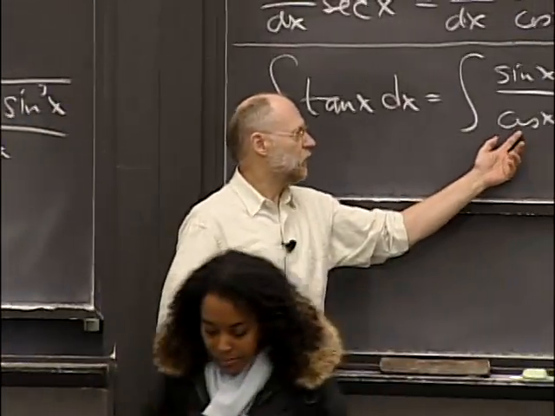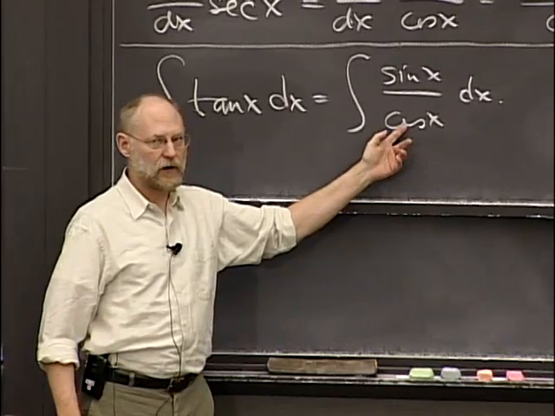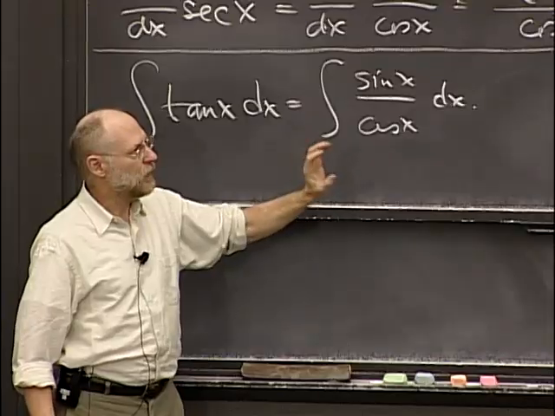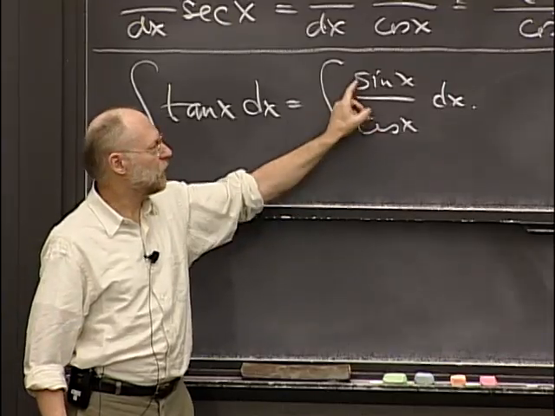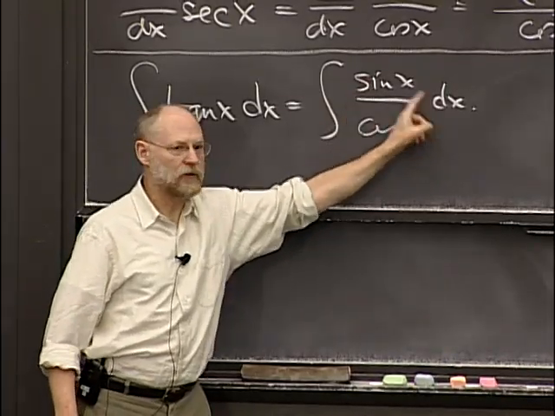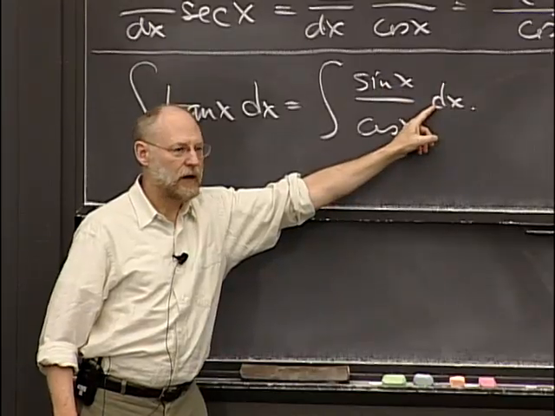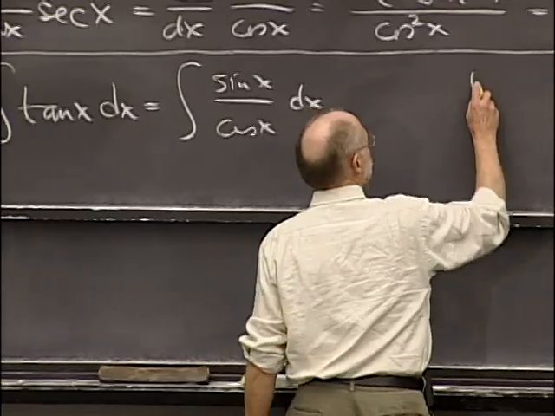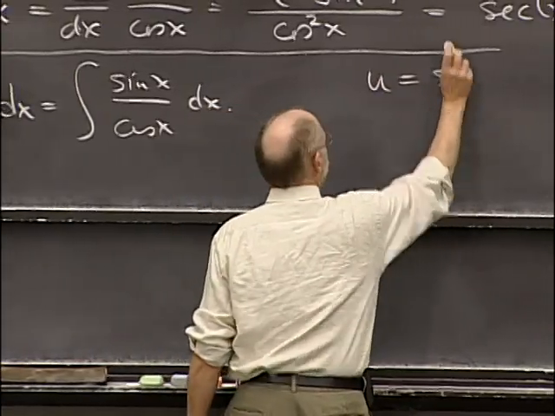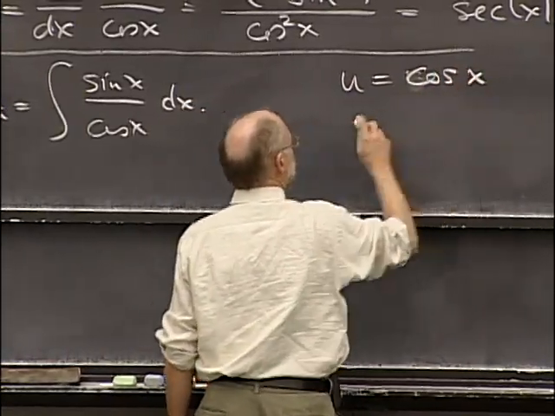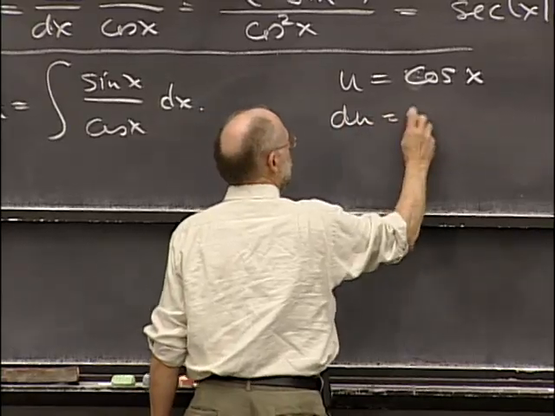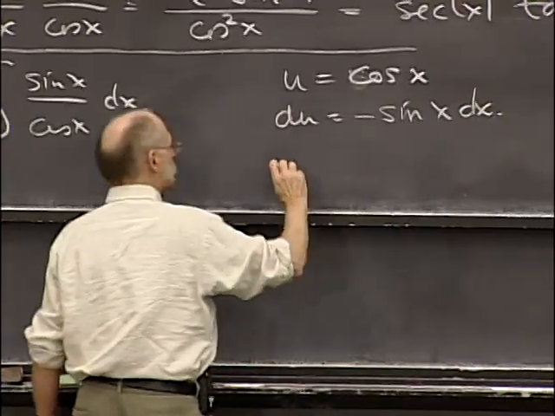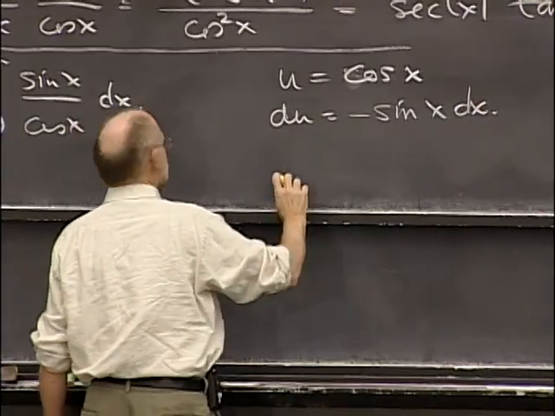When you see the cosine and you're calculating an integral like this, it's useful to remember what the derivative of the cosine is, because maybe it shows up somewhere else in the integral. And that happens here. So that suggests we make a substitution: u equals the cosine of x, which means du is minus the sine of x dx. That's the numerator, except for the minus sign.